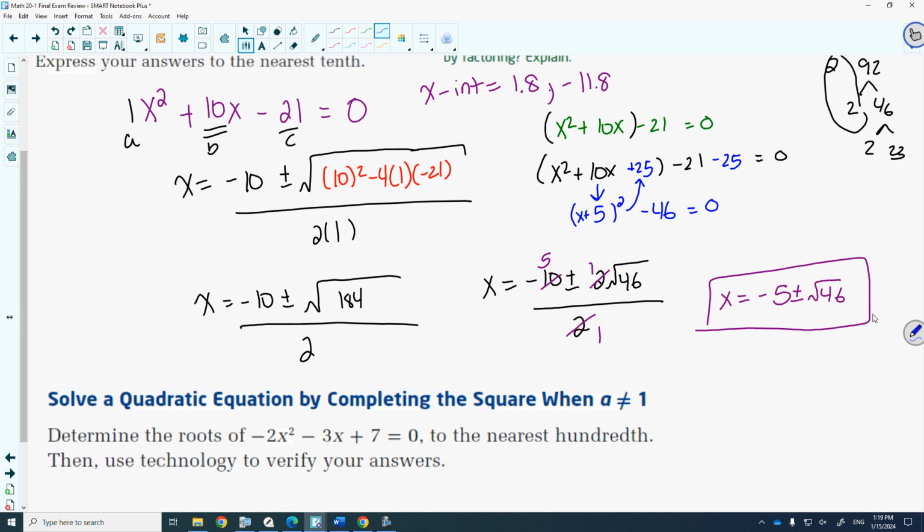You guys, look at what we know the answer is. Square root of 46, and there's a negative 5. Do you know what I would do from here? If I was solving, it goes to the square root principle at this step. Do you remember the square root principle? We want to solve from this step. So we want to get this by itself, right? So get rid of that negative 46 by adding 46. So bring 46 to the right.